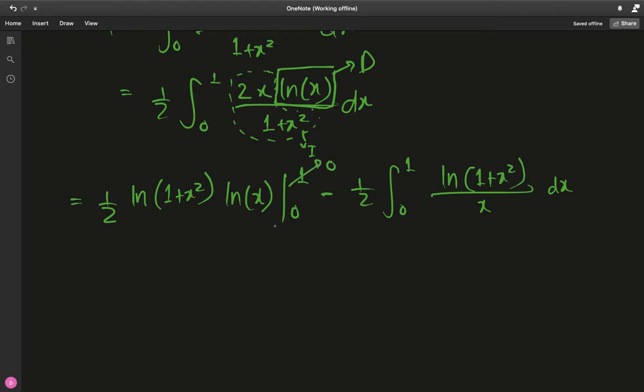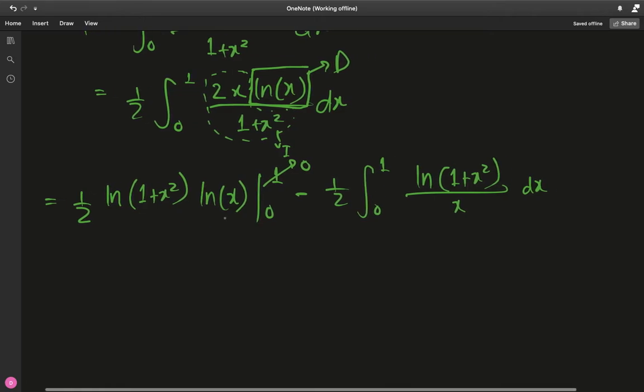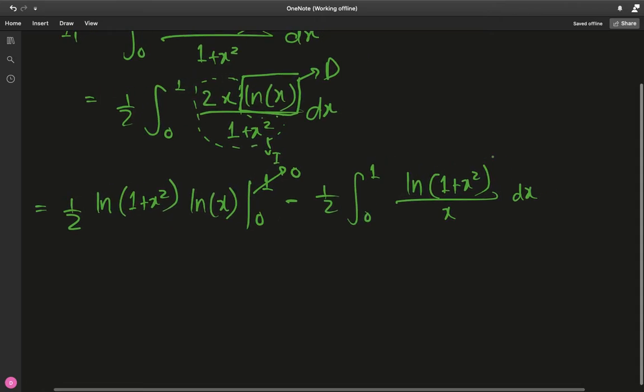But at 0, if you plug that in, you have natural log of 1 times natural log of 0. Natural log of 0 is negative infinity. Natural log of 1 is 0. So we have a 0 times infinity situation. Looks like it can be dealt with more carefully.